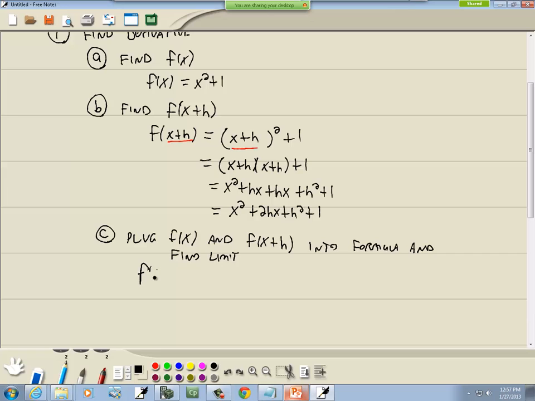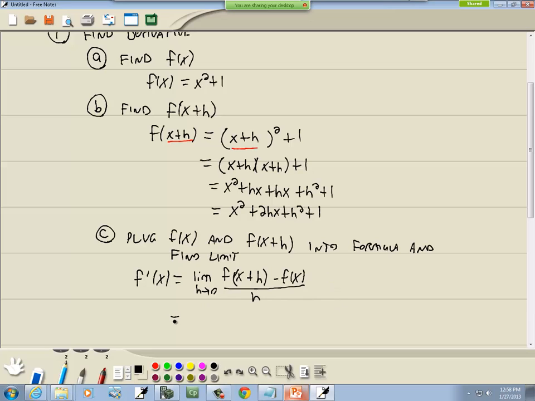So we've got f prime. Let me write that a little bit more legibly. f prime is equal to the limit as h goes to 0 of f of x plus h minus f of x all over h.